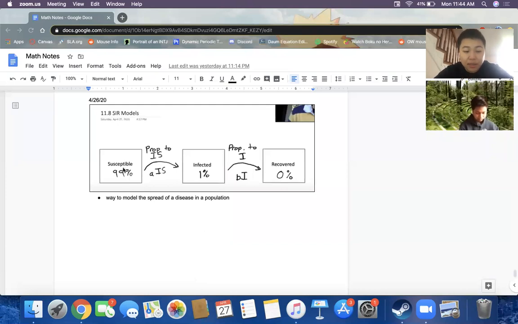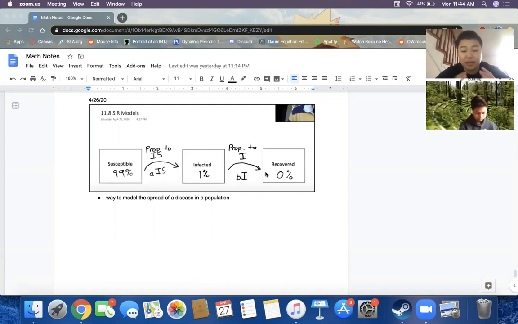So we have percentage susceptible, percentage infected, and percentage recovered from a given disease. The percentage recovered is proportional to the percentage infected, because in order to recover, you have to first be infected.